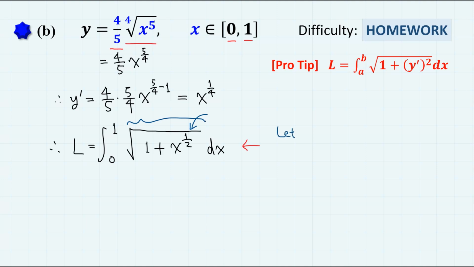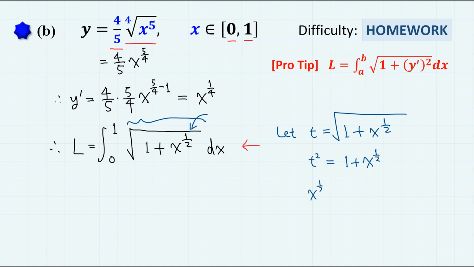For example, letting t be the square root of 1 plus x to the power of 1/2. One advantage of this method is that the radical can be easily removed by simply squaring both sides, like t squared gives 1 plus x to the power of 1/2.